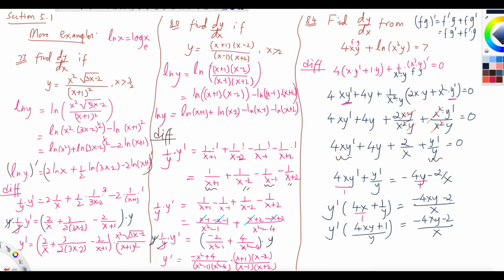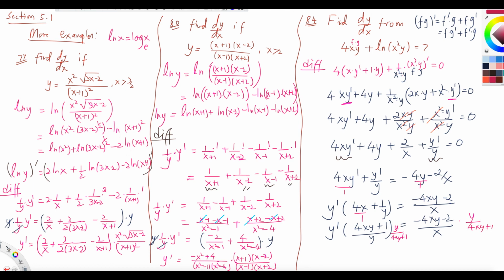Okay? So I'm multiplying by y and dividing by 4xy plus 1. And if you want to, you can write that negative sign outside and then write down the positive sign. It's up to you. So I'm multiplying both sides by y and then dividing by 4xy plus 1.